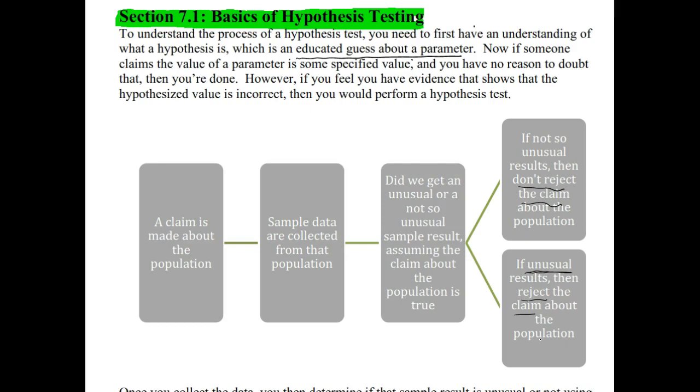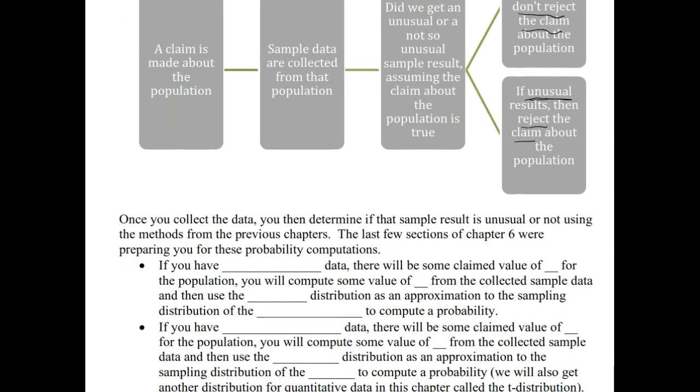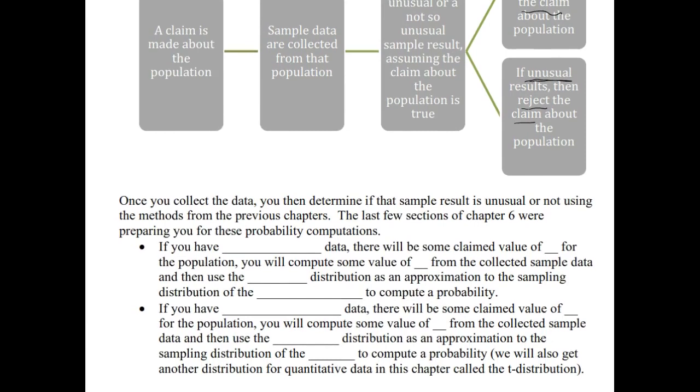So this idea of unusual results that we spent time with in the last units on probability is what helps make our guesses educated guesses. Once you collect the data, you determine if that sample result is unusual or not using the methods from the previous chapters. The last few sections of Chapter 6 were preparing you for these probability computations.